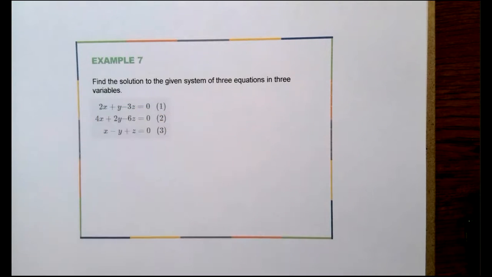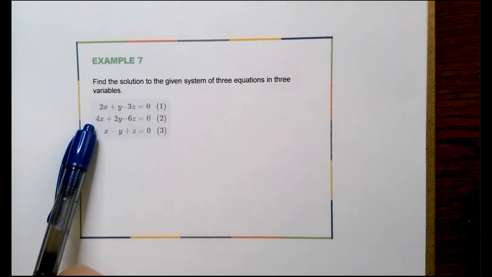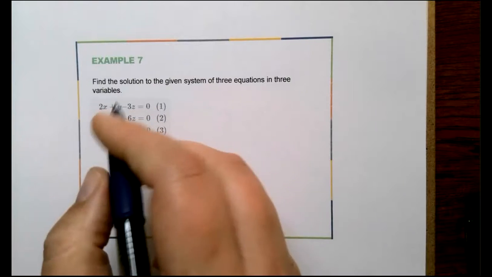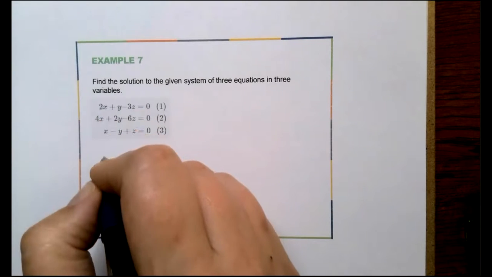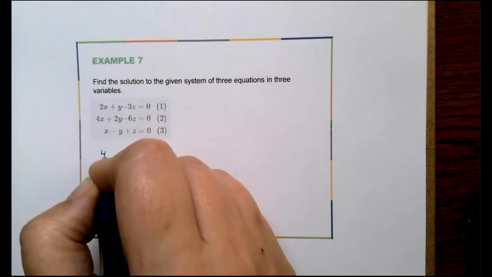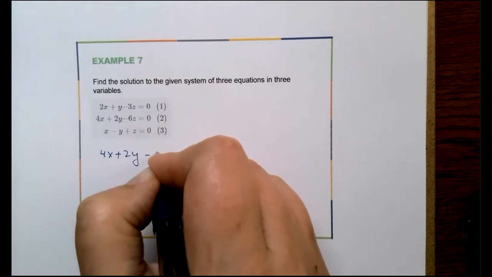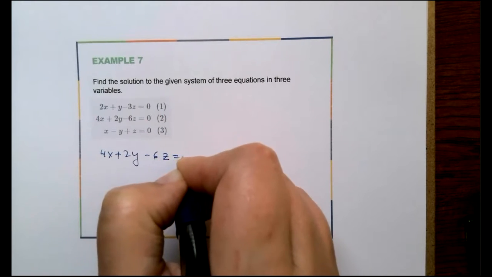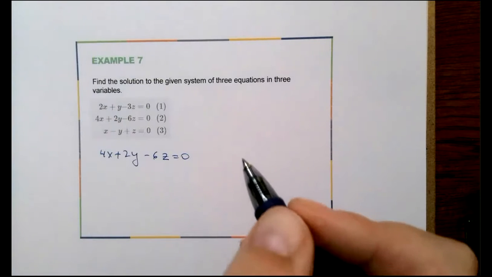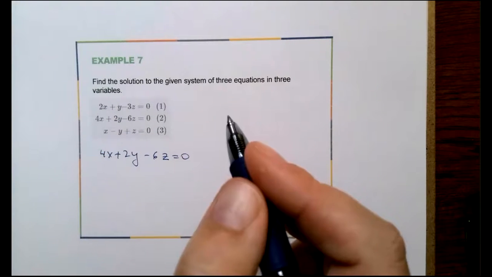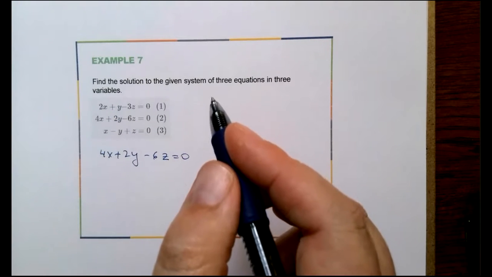What I'm going to do is multiply my first equation by 2. So I'm going to have 4x plus 2y minus 6z equals 0. Next equation, I had to multiply by -2, actually.